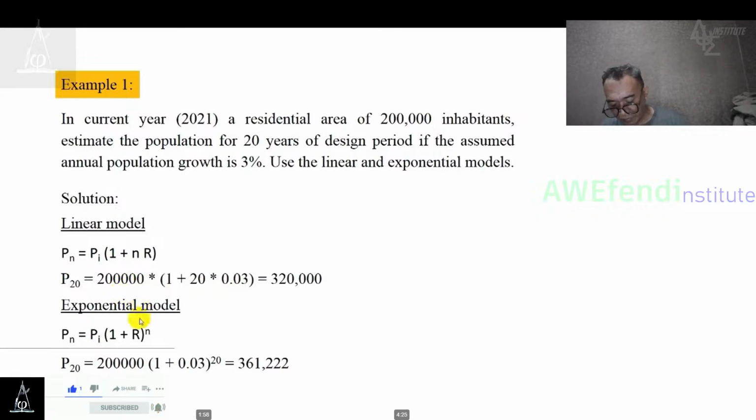By exponential model, P20 equals 200,000 times (1 plus 0.03) to power of 20 equals 361,222.